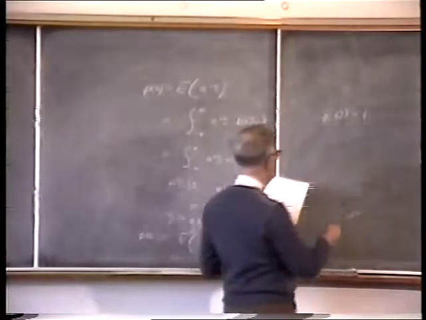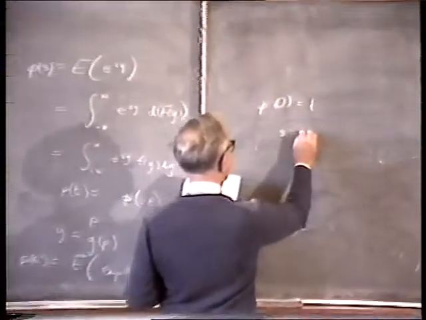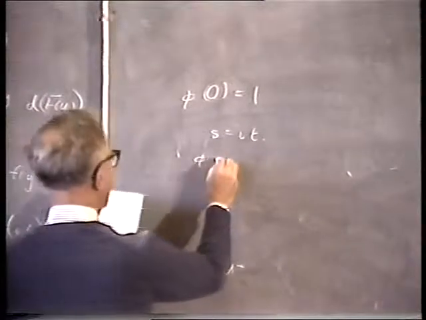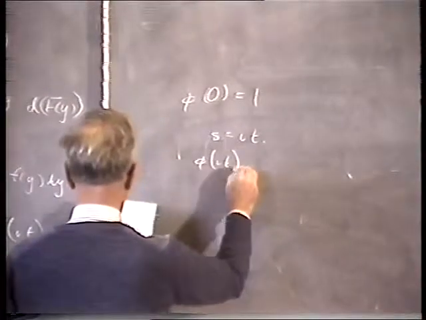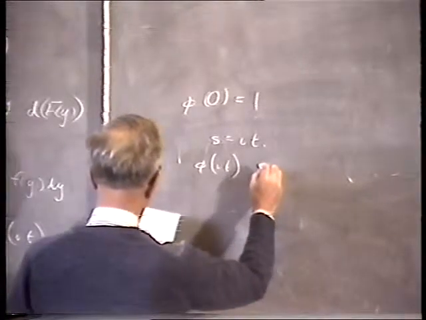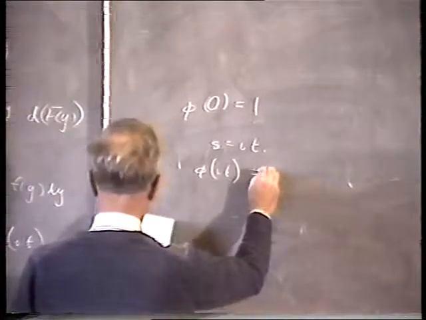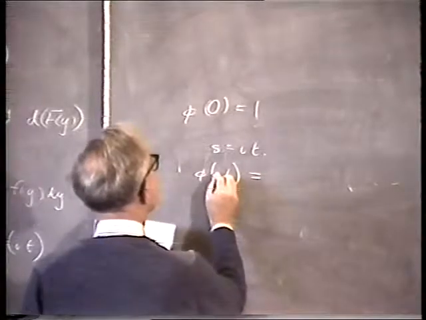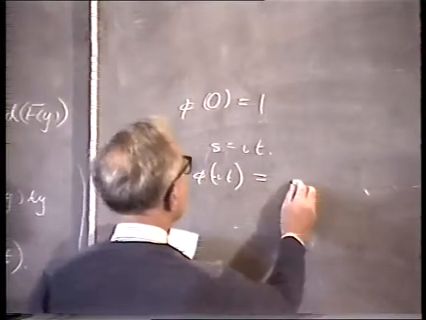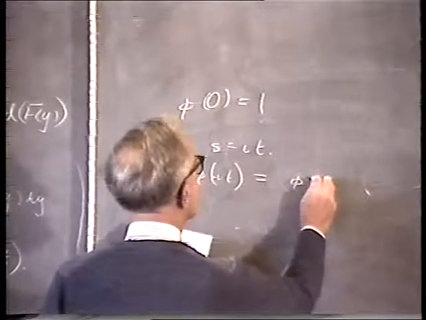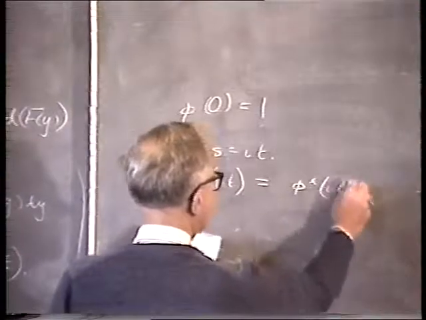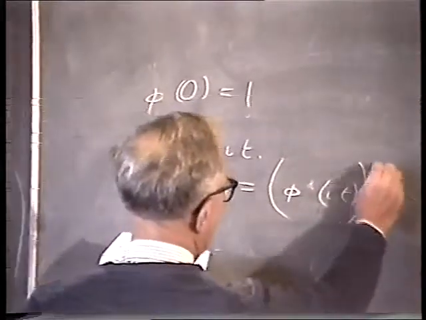Next, if s equals it, then we note that phi of minus it is simply the complex conjugate, phi star of it.